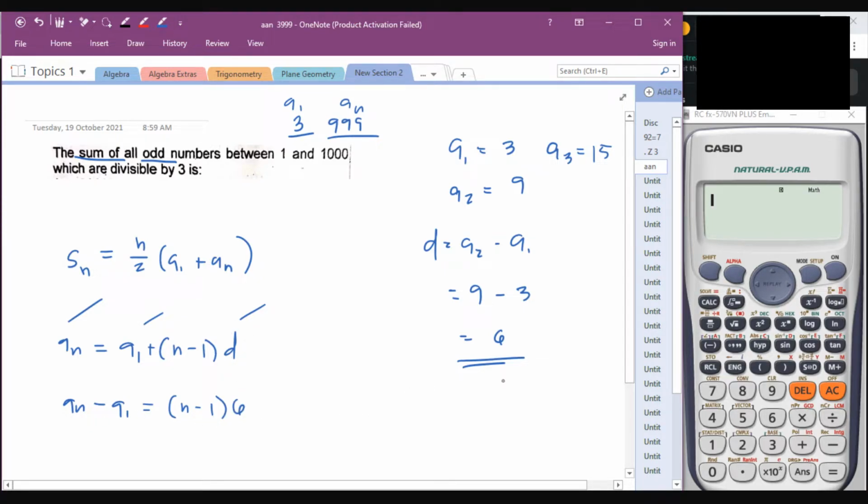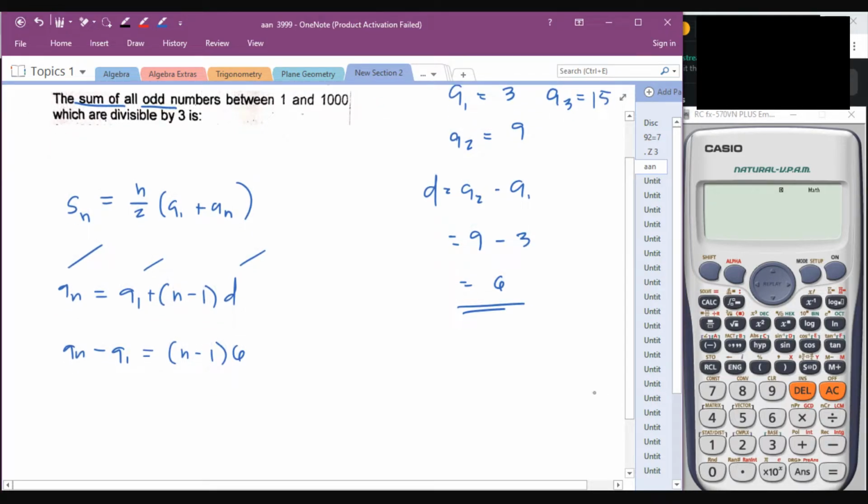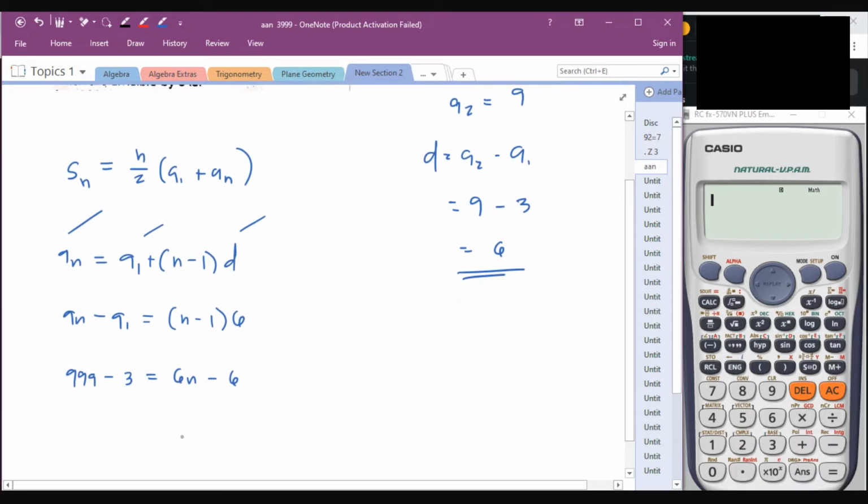Oh, simplify na natin to. AN, that is 999 minus 3 equal to 6n minus 6. Ilipat ko dito yung 6. So, 999 minus 3 plus 6. Unahin natin. Equal to 6n.